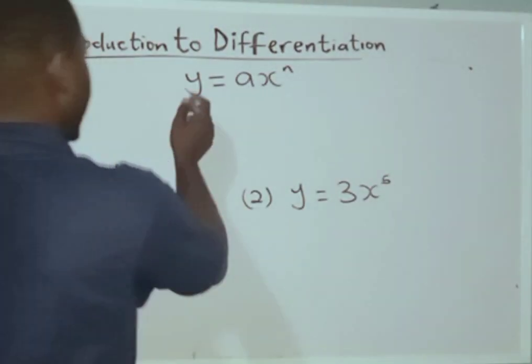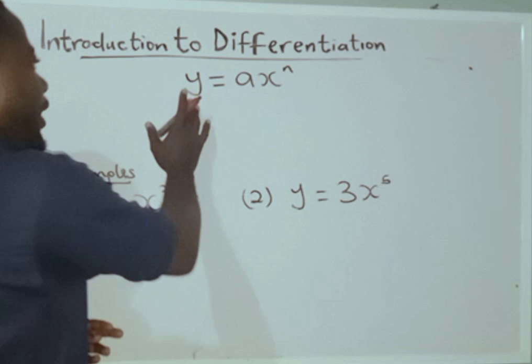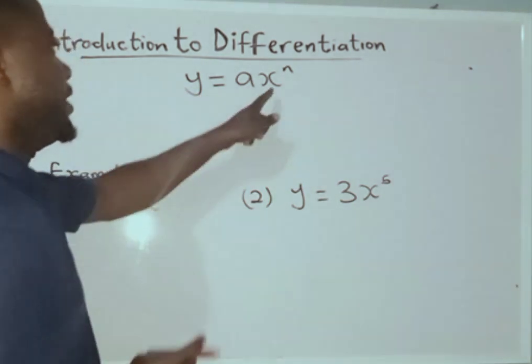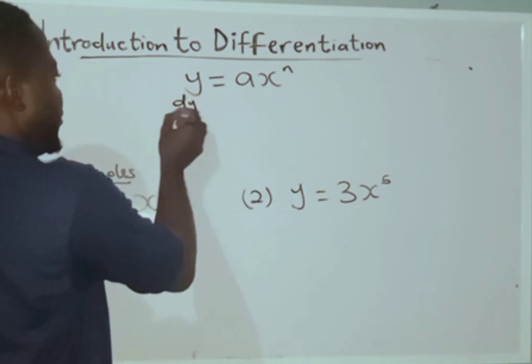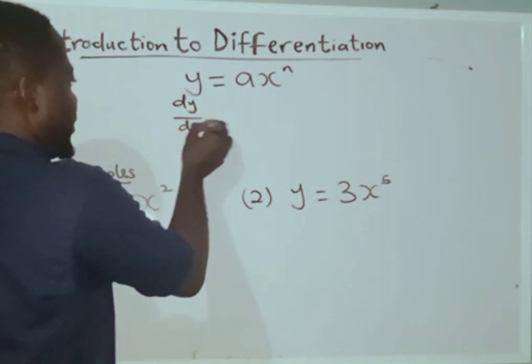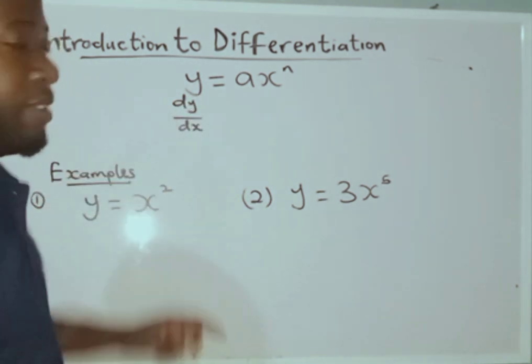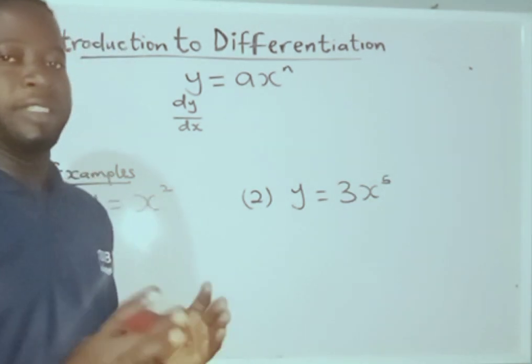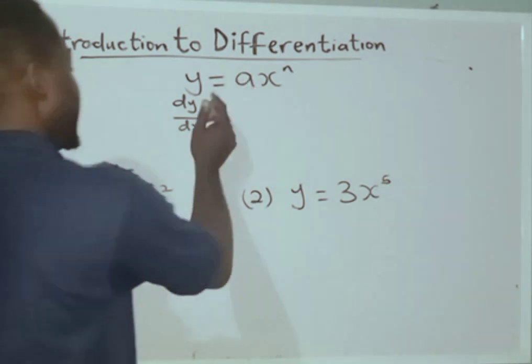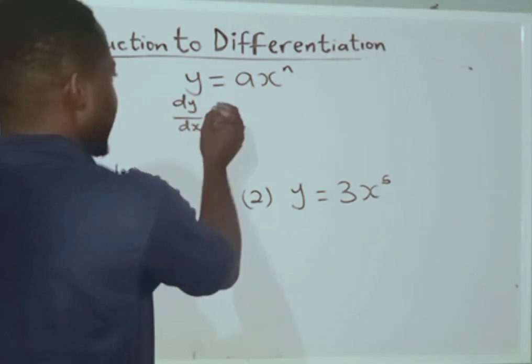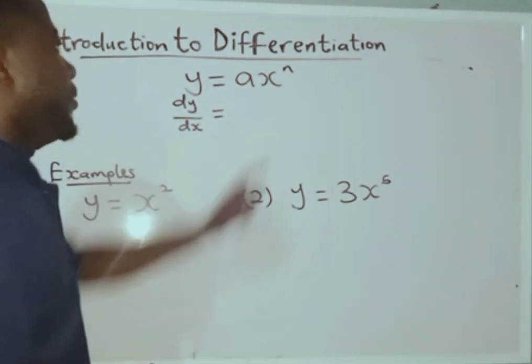You are going to differentiate y in respect to this variable, which is x. So that means you have dy dx. This is pronounced dy dx. So in order to differentiate this, we write dy dx equals to, now look at this.